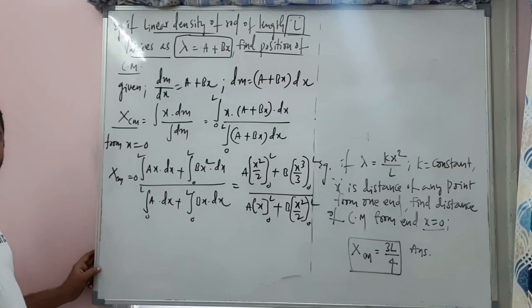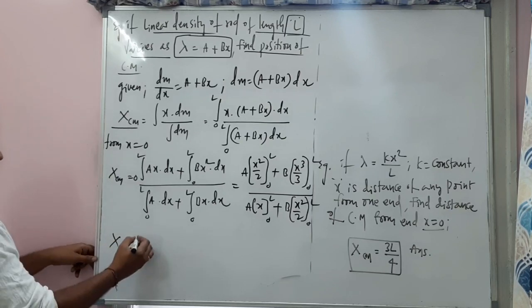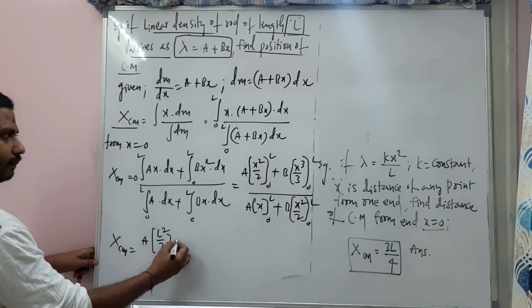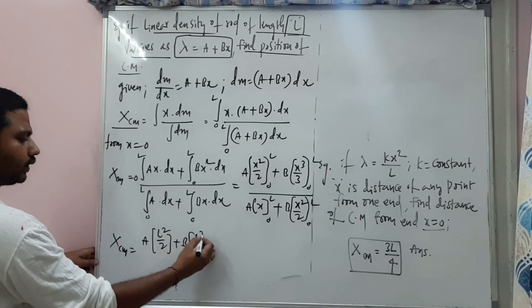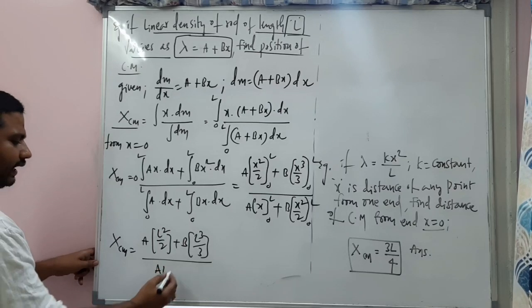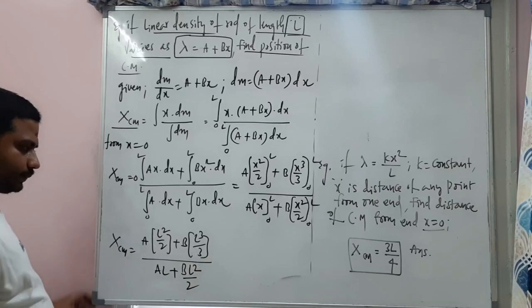Alright. So limits you have to apply now. xcm is equal to a into L square by 2 plus b into L cube by 3, divided by aL plus bL square by 2.